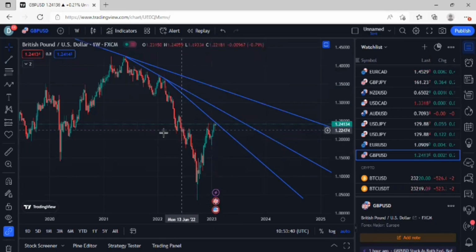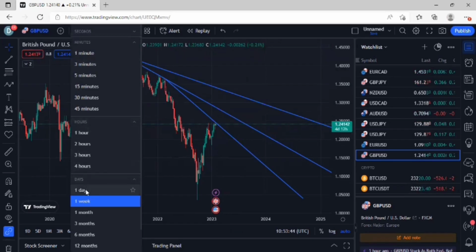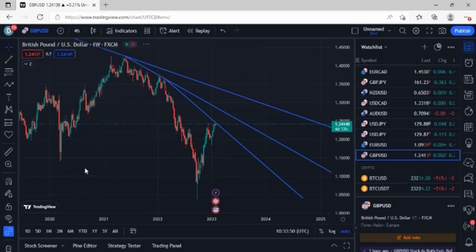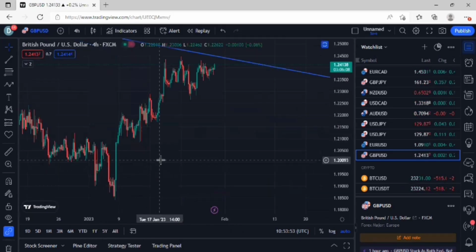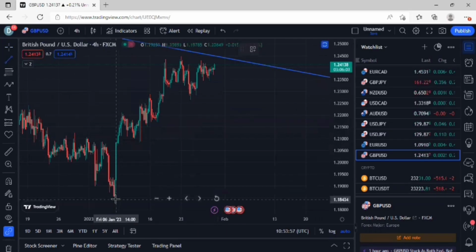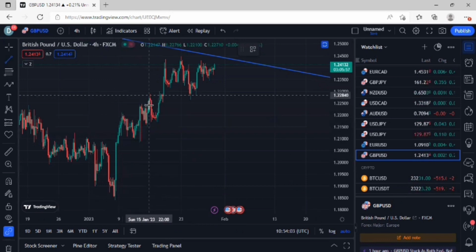It's the same thing for an uptrend. The one we are drawing right now is for downtrend. If you want to draw for your uptrend, you pick from the low, that is the higher low, to the higher high, higher low, higher low.